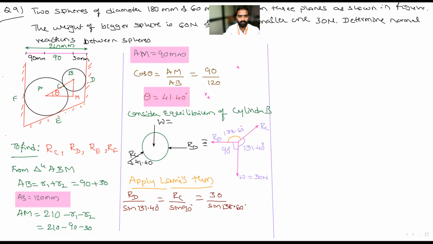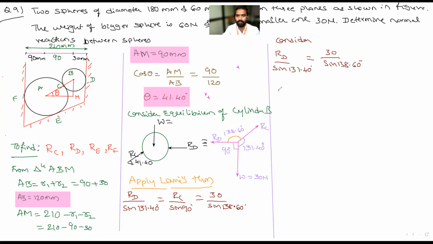Consider any two terms. I will consider the first and third terms. RD upon sine 131.40 is equal to 30 upon sine 138.60.